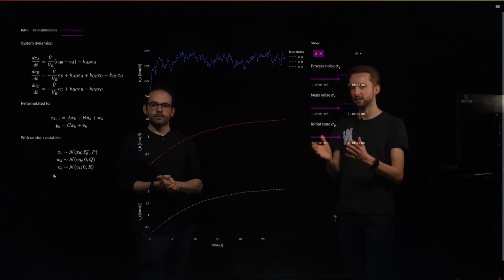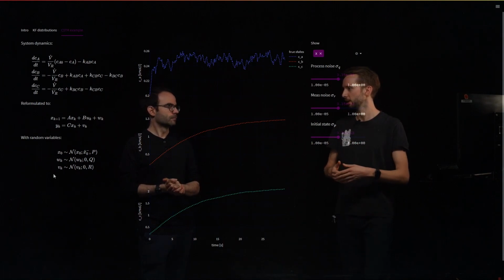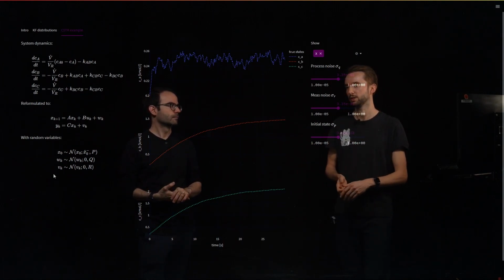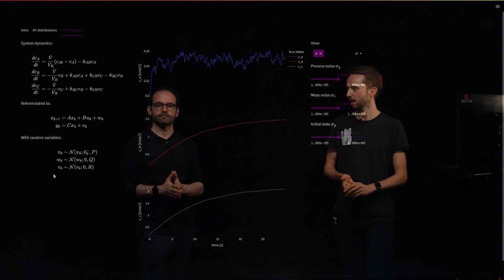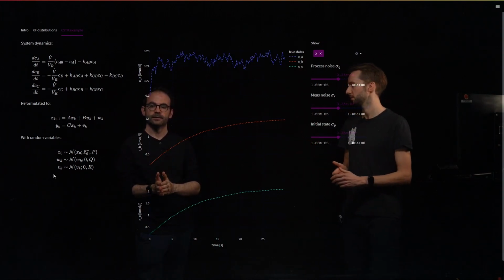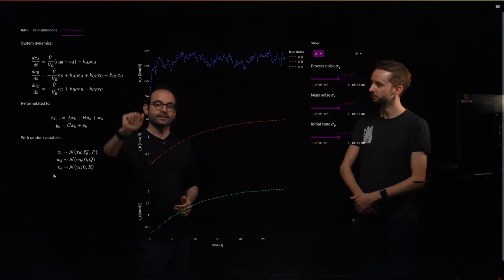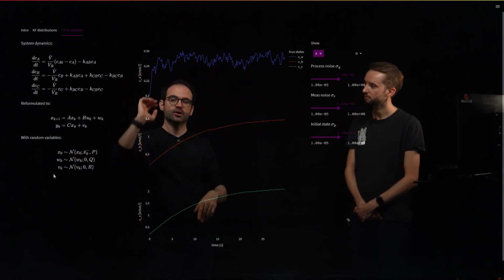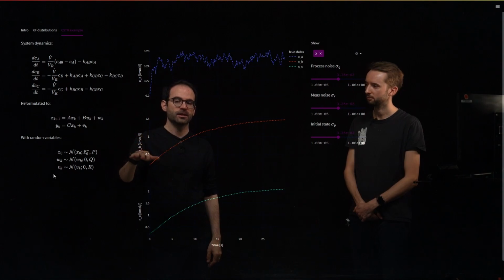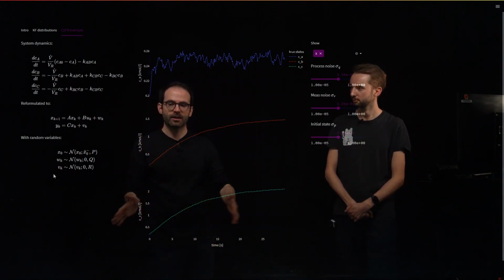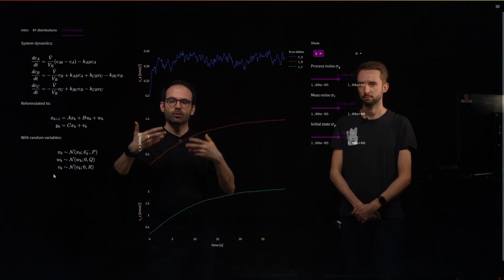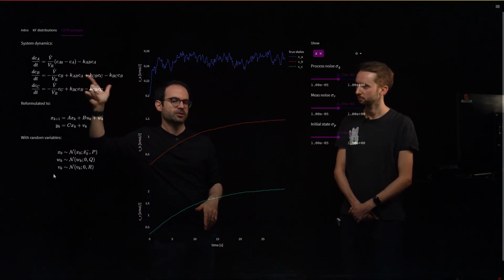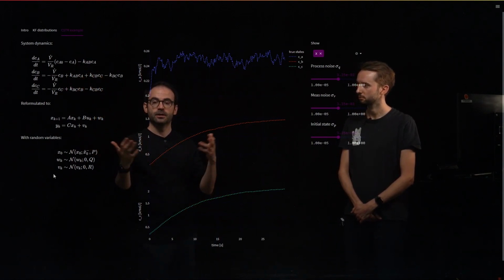Very good. Then here in the center, we see a depiction of how this process might look. Could you elaborate a bit on what that shows in particular? Yes, so we have here the trajectories of the system states CA, CB, CC over time, and that's how the evolution of the concentrations according to the discretized version of these differential equations would look.